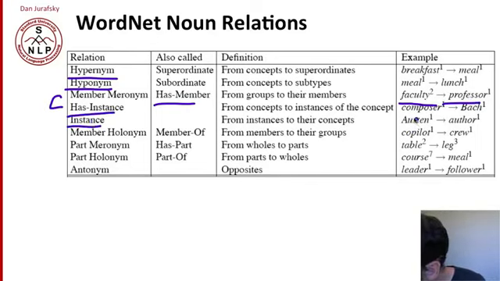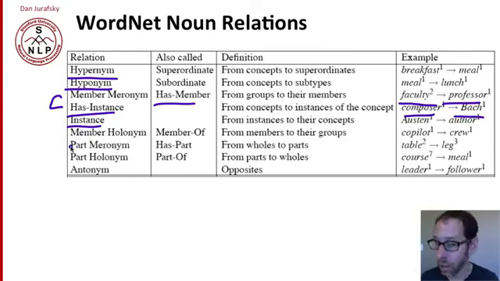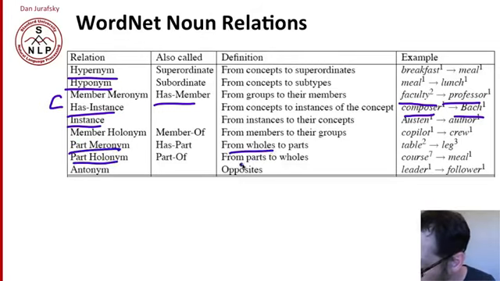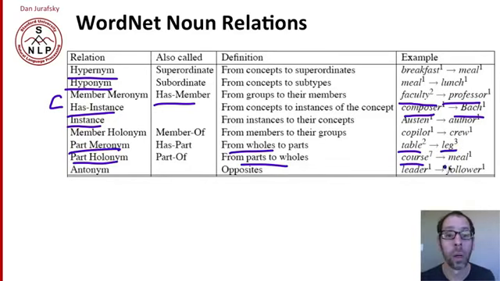So the relationship between composers in general and the one composer, Johann Sebastian Bach. Of course, there's more than one Bach. And then we have meronyms and holonyms, so part-whole relationships between individuals. A table has a part, which is a leg, and a course has a part, which is a meal, and so on. Lots of these relationships occur in WordNet, and antonymy as well.